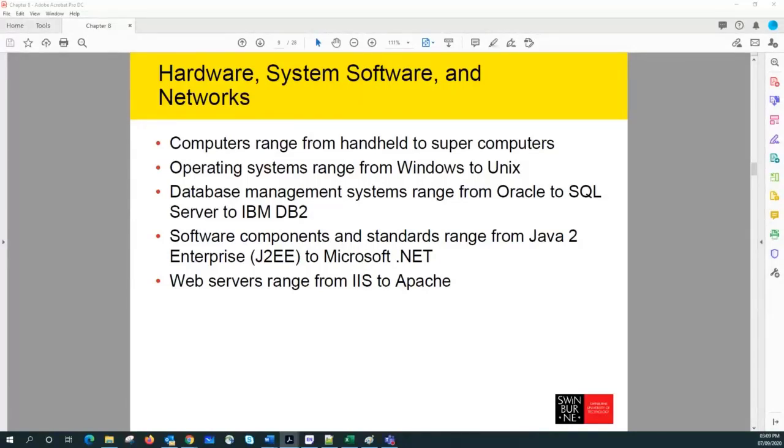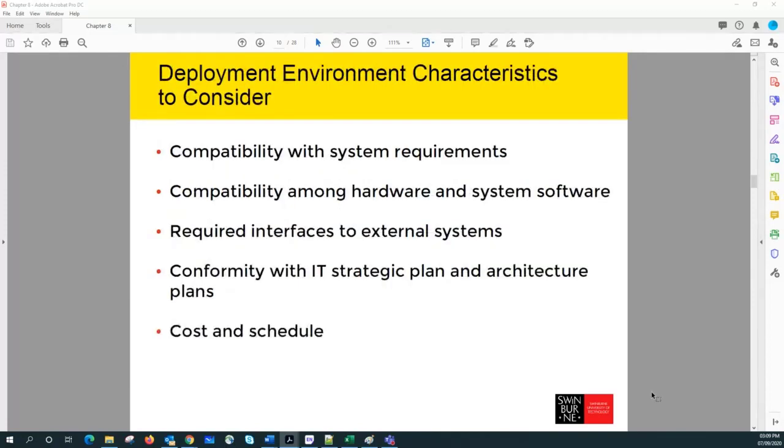Also, if you think about databases, there are so many alternatives. How are you going to choose the best alternative for an organization is something we need to consider.